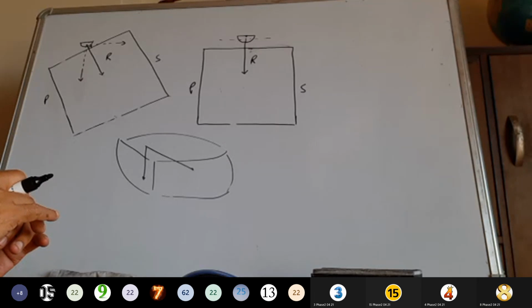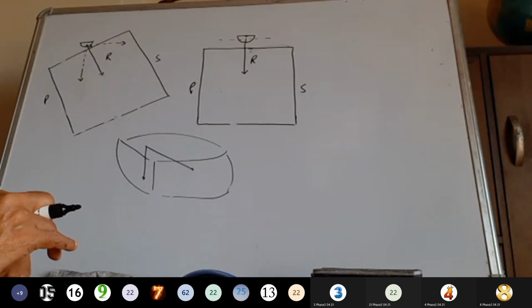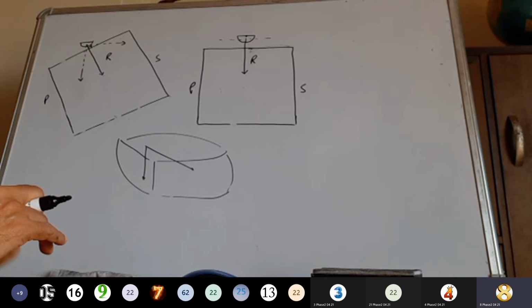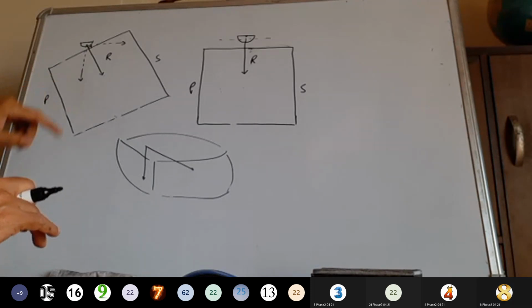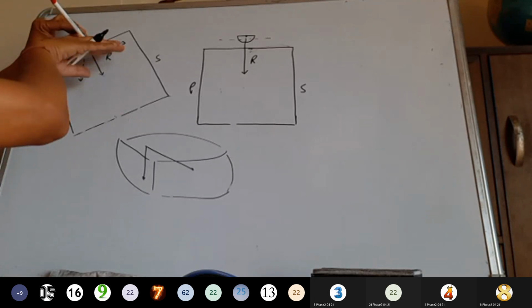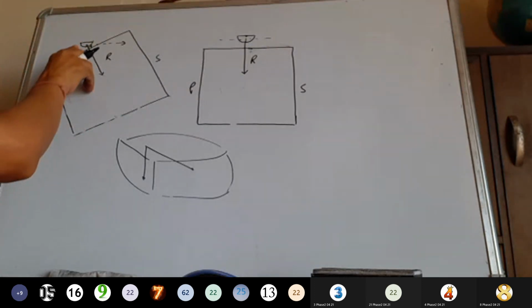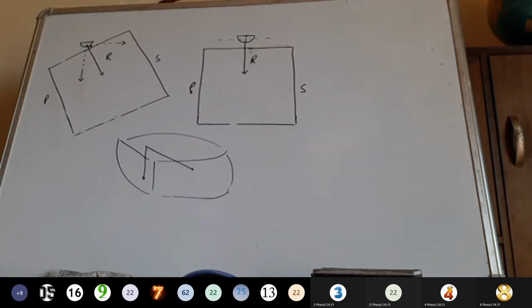Will this horizontal component deflect the magnetic compass? Yes, sir. Because the ship is moving in this direction, and this component is acting in this direction. So what will be this direction? Easterly. So your magnetic compass in this case will be deflected towards the east, because of this force.